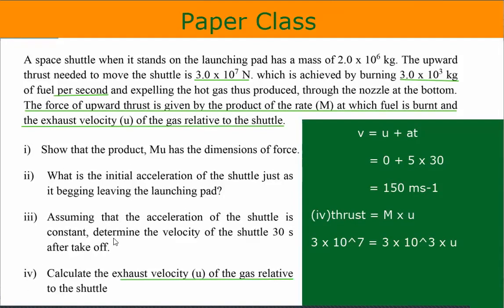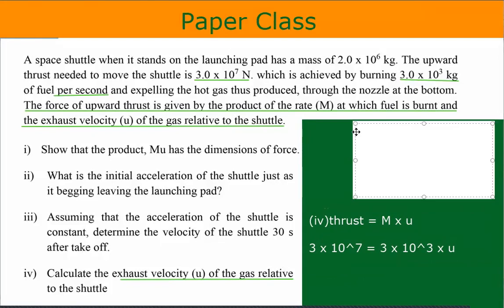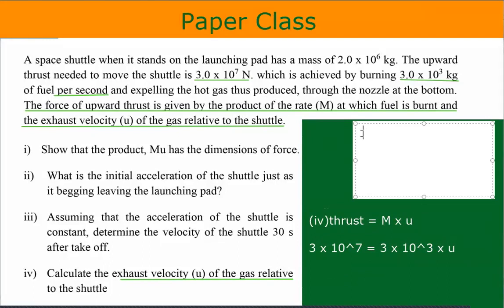Actually, it's so simple because everything is given in the question. They have said that 3,000 kilograms of fuel is burned in the rocket and pushed out through a certain nozzle. Because of that pushing, a force is generated on the rocket, and that force is given as 3 into 10 to the power 7 Newton.